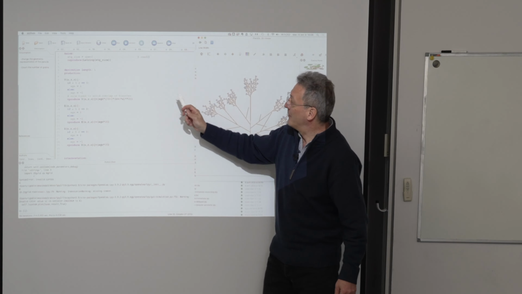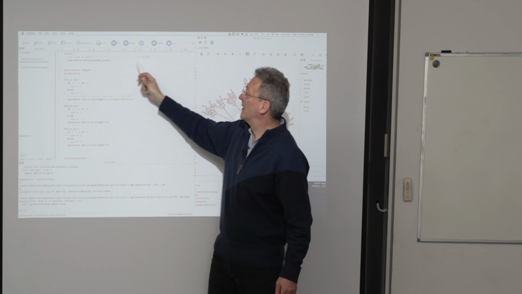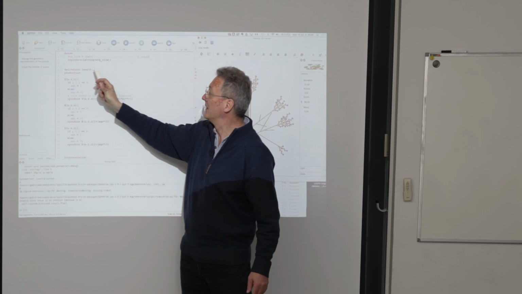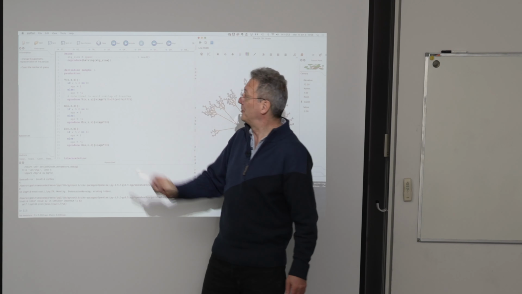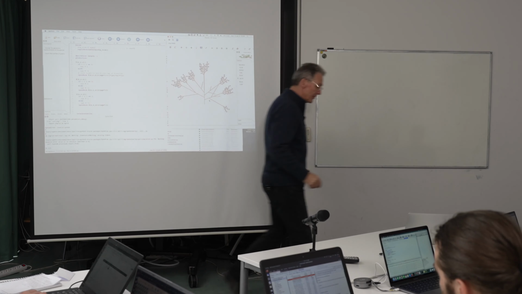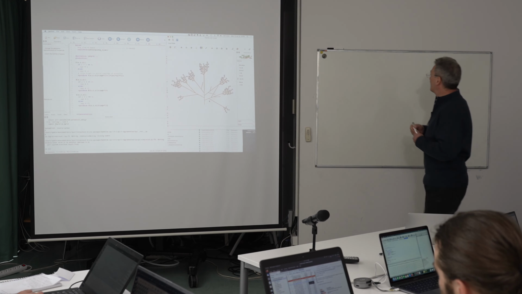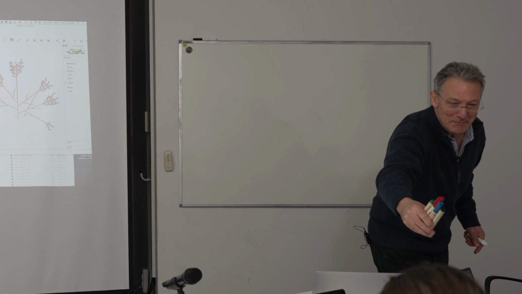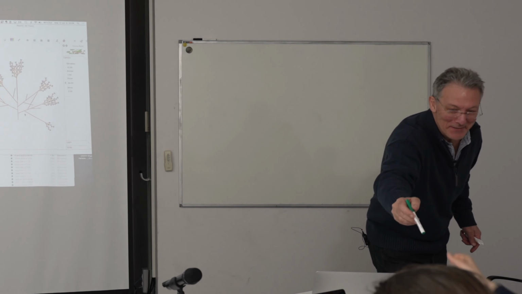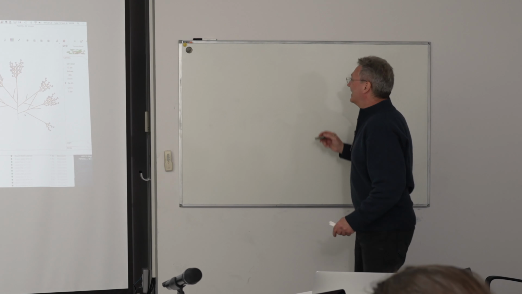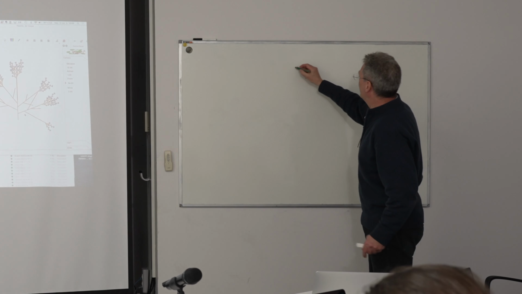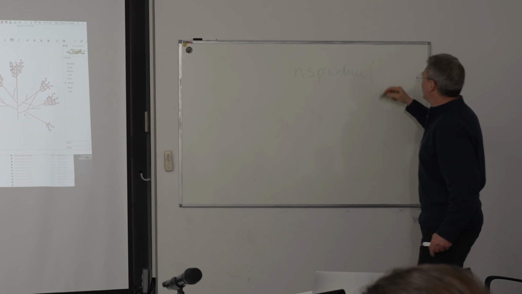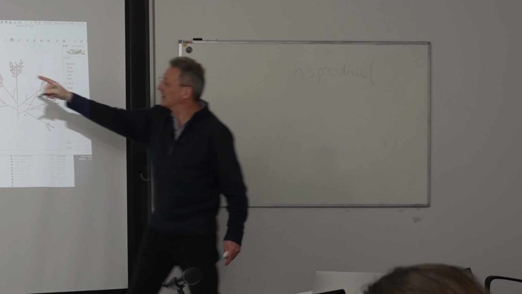So I just open the file, read the file, get the string from the file, and then I use the nsproduce. It's the new command, nsproduce, that takes an L string as an argument.